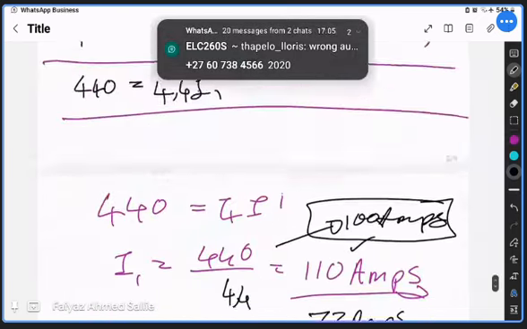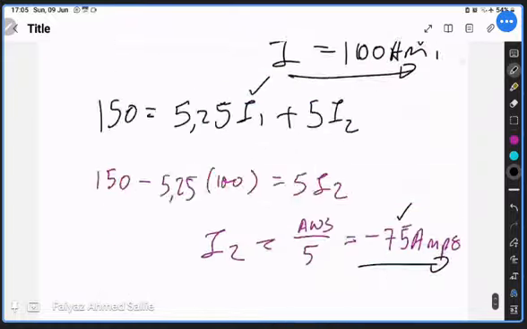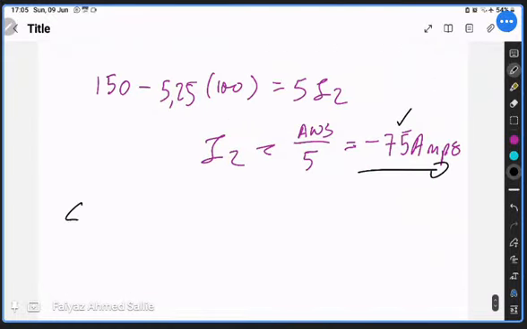Okay, so apparently they did it the other way. They used the second equation, which is 80 equal to 5 I1 plus 5.6 I2.